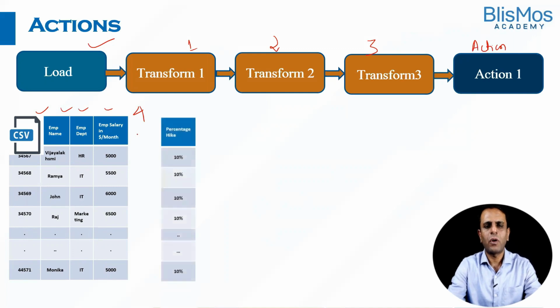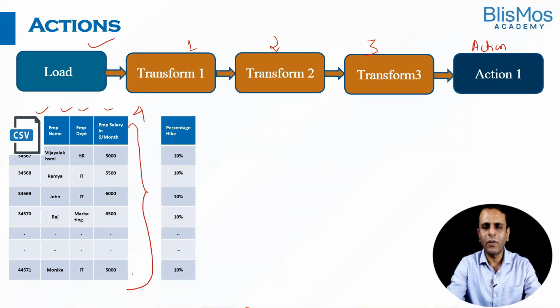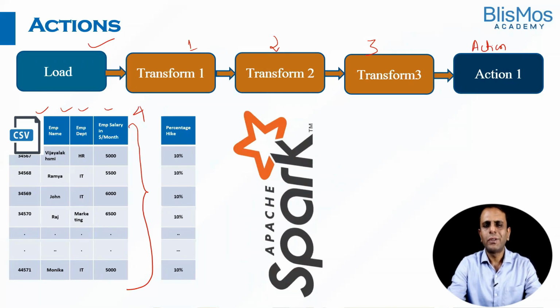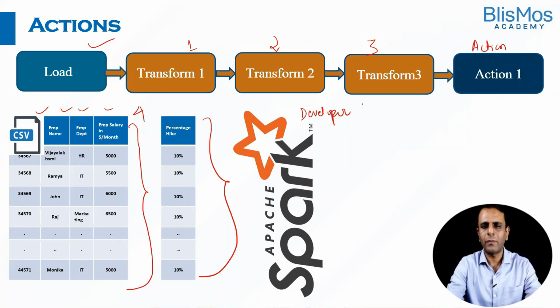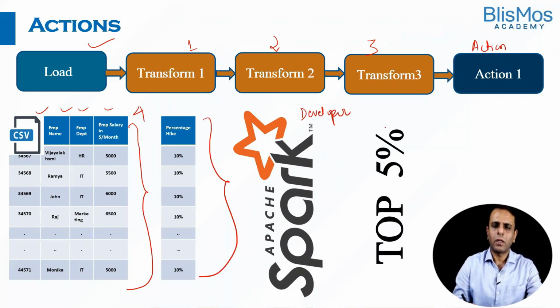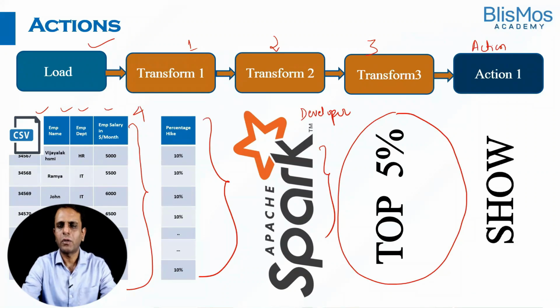The first transformation you want to apply is a 10% hike to all these employees. Then after that, you want to filter only the Spark developers from this. After that is done, you want to see the top 5% of the Spark developers. This is the series of transformations and one action.